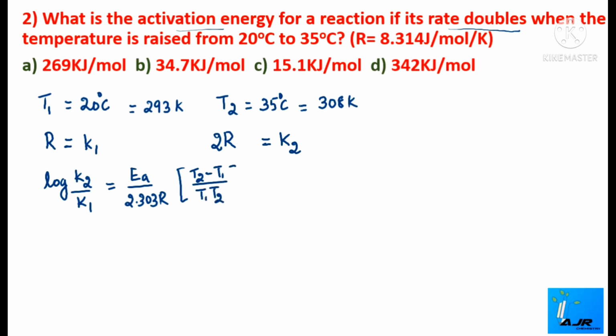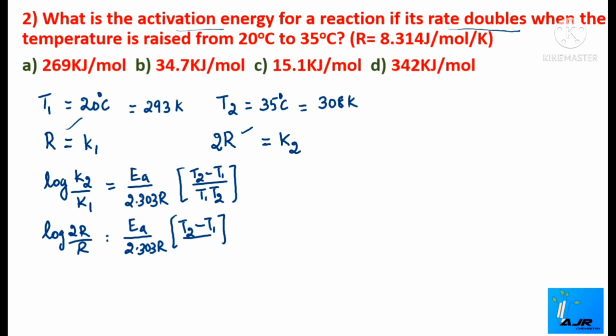Now this is the formula. We know K1 is R and K2 is 2R, so I am going to substitute those values. The equation becomes log 2R by R is equal to EA by 2.303 R into (T2 minus T1) by T1 T2.